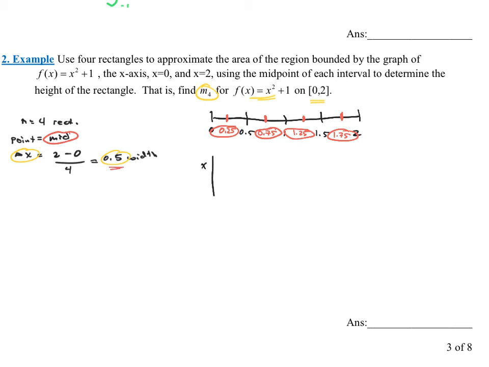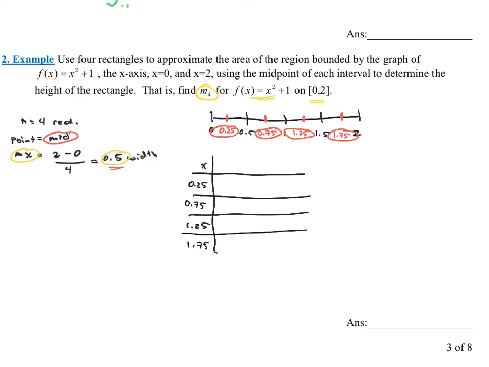And again, we know the width of every single rectangle is 0.5. So again, let's look at x. The numbers we're plugging in are 0.25, 0.75, 1.25, and 1.75. Those are the x values, or the midpoints of all the rectangles. Those are going to determine the heights of the rectangles. How do we get the height? We plug it into the actual function. That's going to give us our function value, so that's our height.